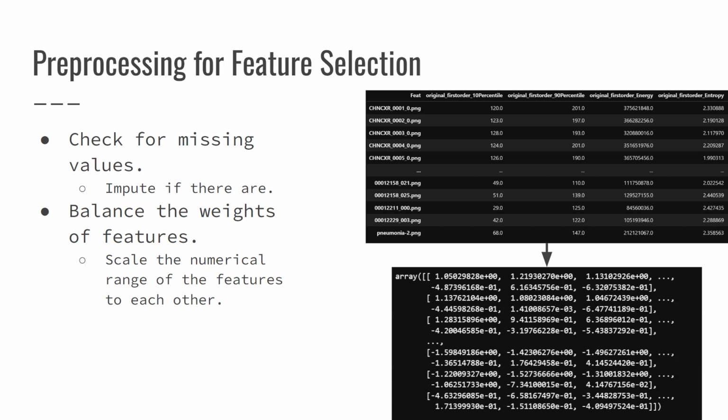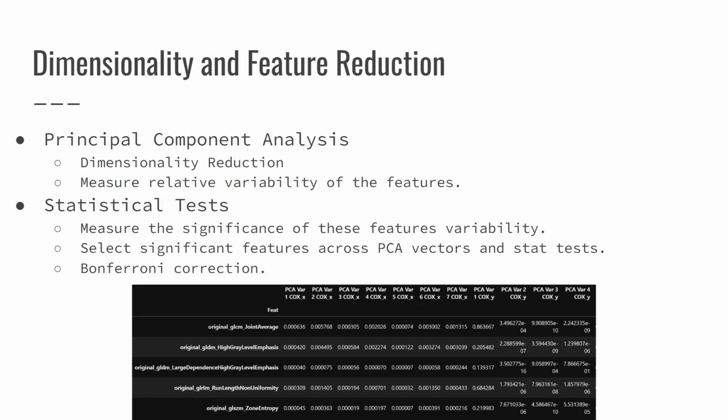So if we just put these values into our model, it will over-represent those big numerical values, when in fact each feature should be equal in weight to each other. So what I did was I scaled the numerical range of all these features to have the same range. You can see that on the bottom, convert that, scale it. Now that my data is scaled and we've imputed any NaN values, we can now select for those features.